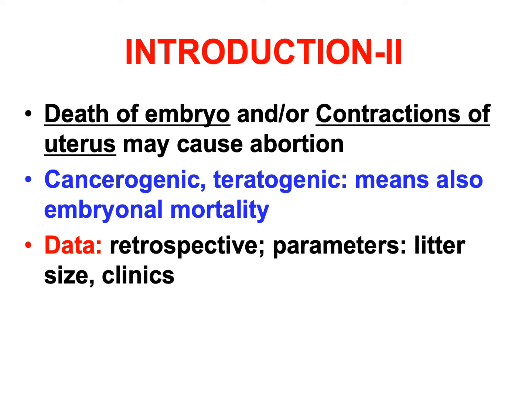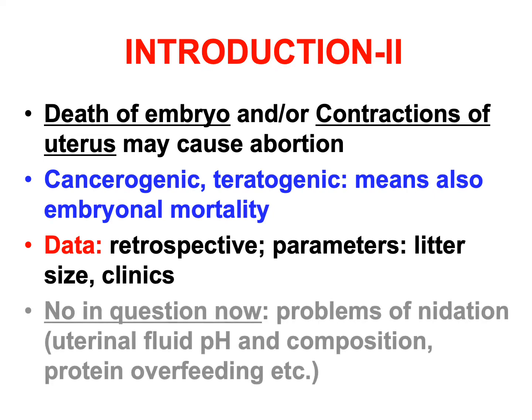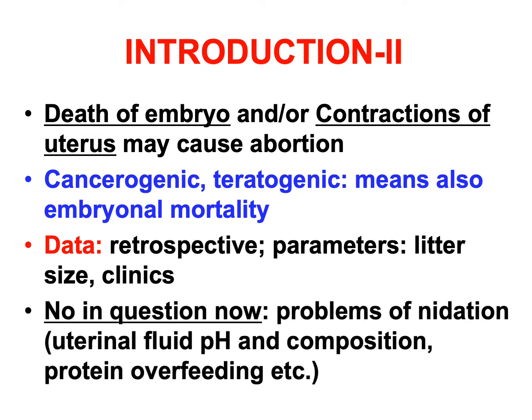In some places they can find also the clinical signs, but not typical. For today's lecture, the problems of nidation are not in question, the changes of uterine fluid pH and composition caused, for example, by protein overfeeding and etc. This is not abortion.